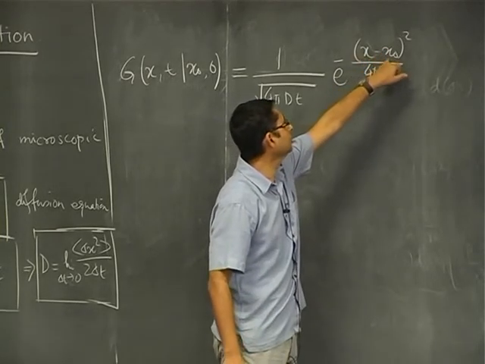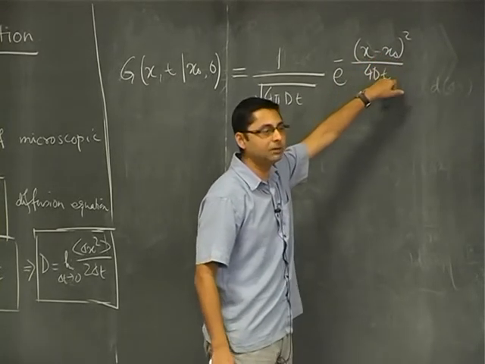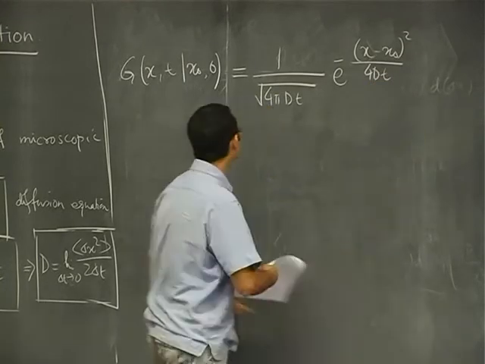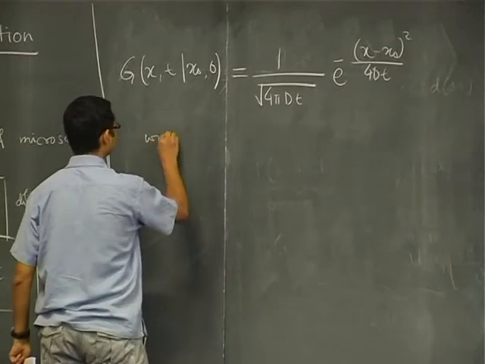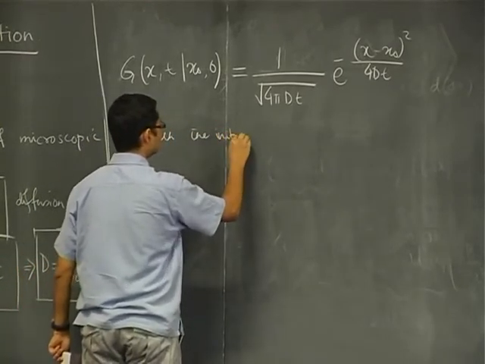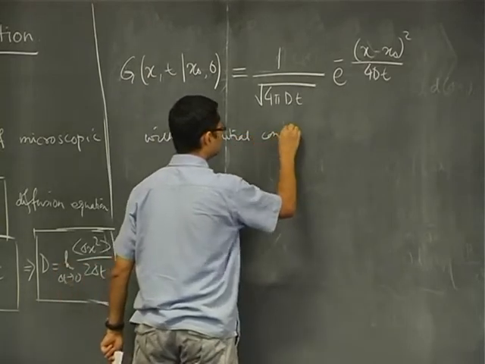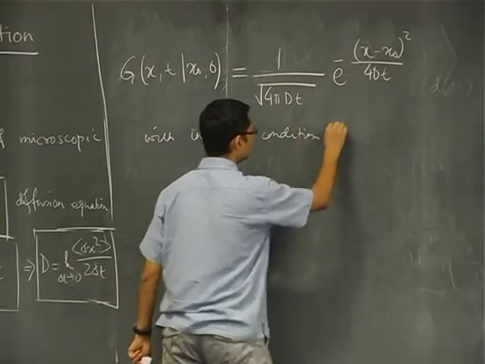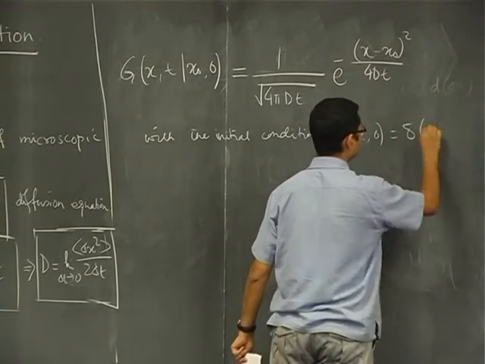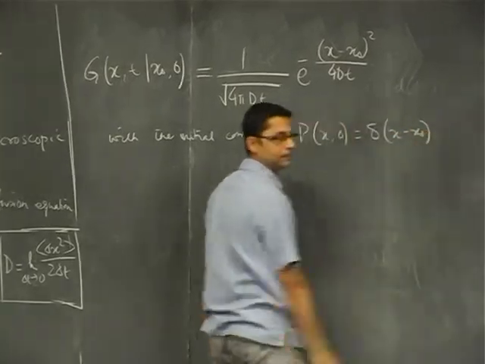Because if x is not equal to x0, it is e power minus something divided by infinity, so it goes to 0, right? So with the initial condition p of x, 0 is equal to delta of x minus x0, right?